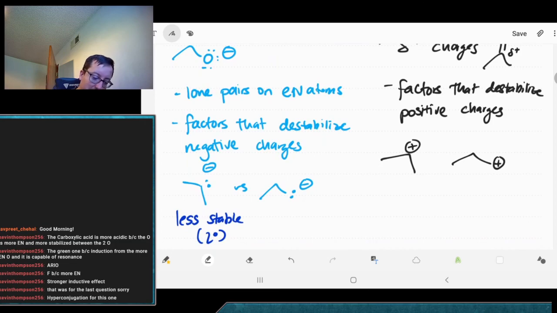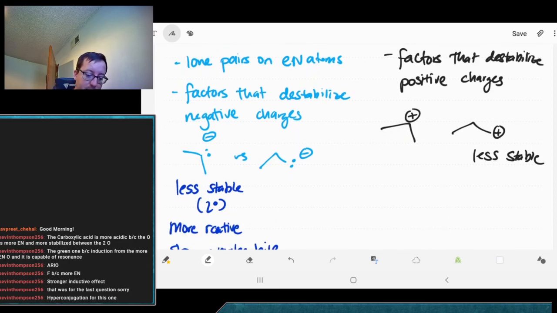If we have these, we're going to say this one's less stable. Although we will find out that they are so unstable that, in fact, your carbocation will just move by itself without even being attacked. Later on, we'll talk about that, but these are just kind of general trends. More reactive, and we would call this more electrophilic.